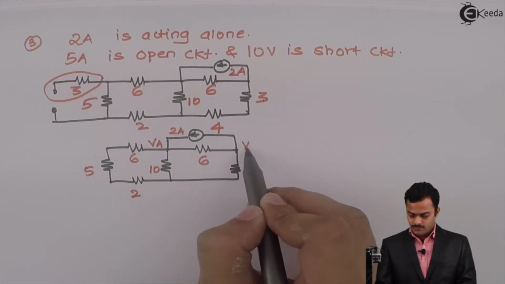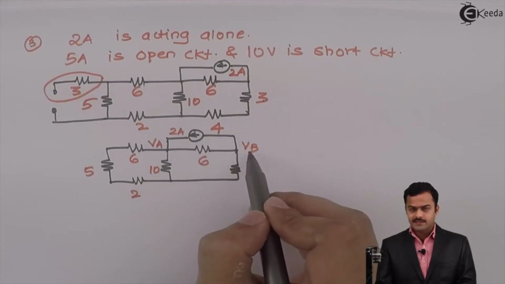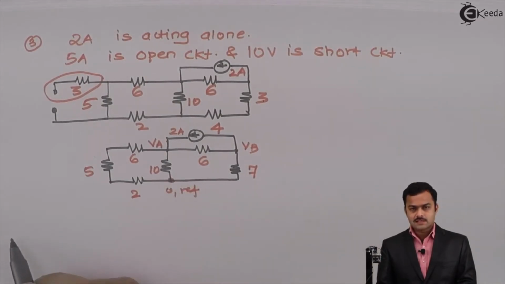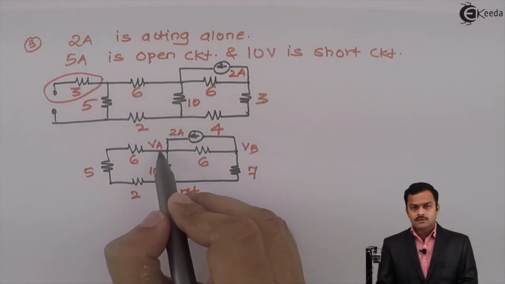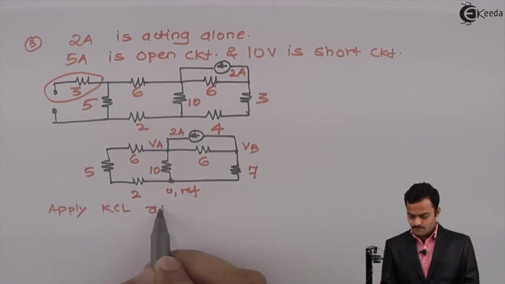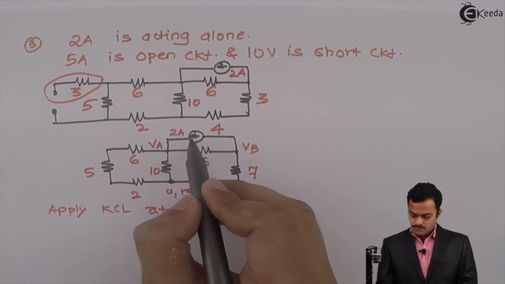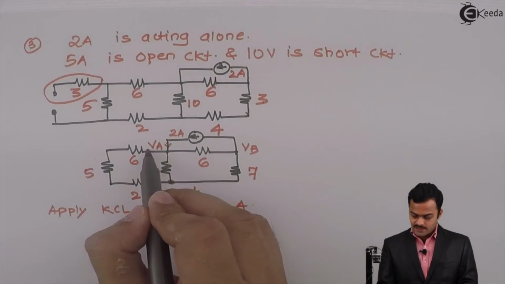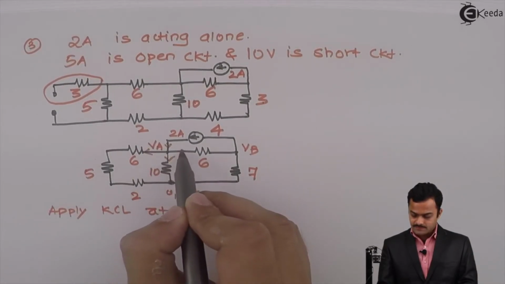Node B, 3 branches are connected VB, and this I will consider as a reference. So let's apply KCL at node A. Because this is a current source, I will not touch its direction. Rest of the directions we can mark randomly.